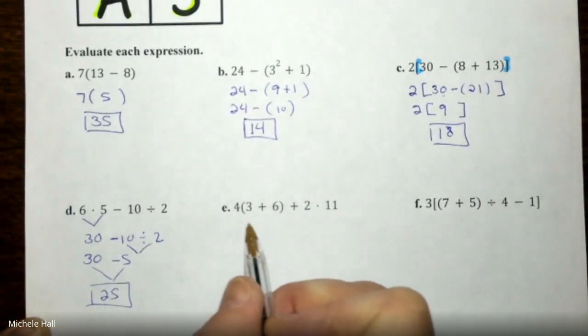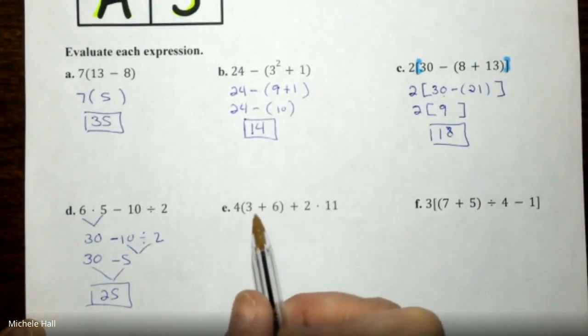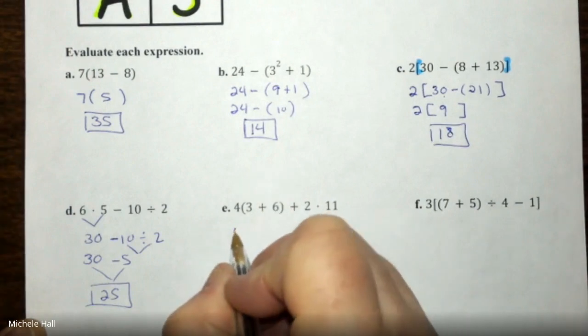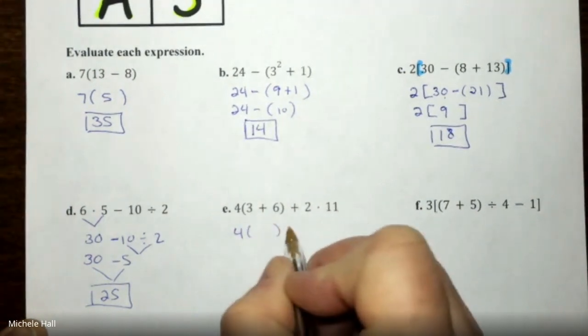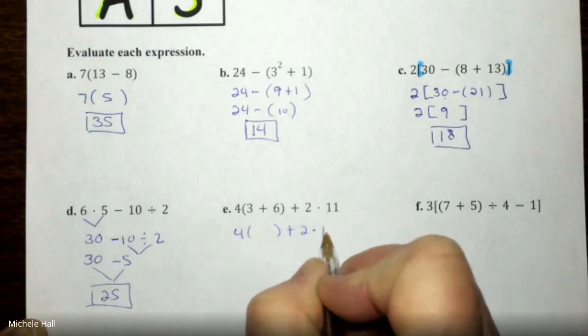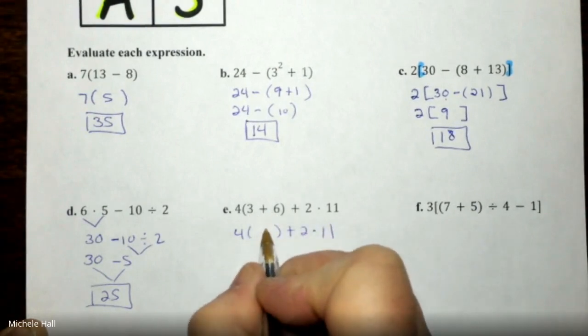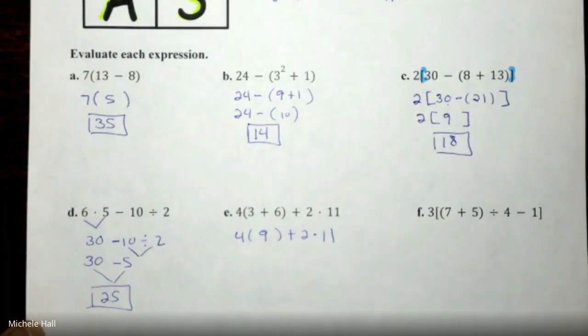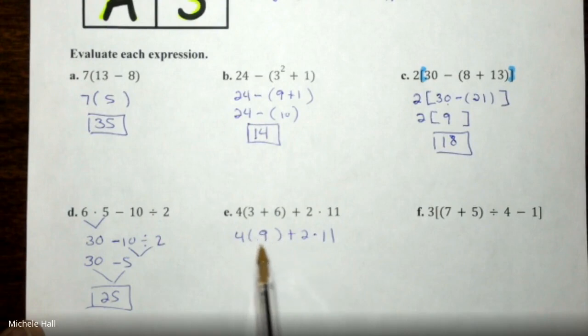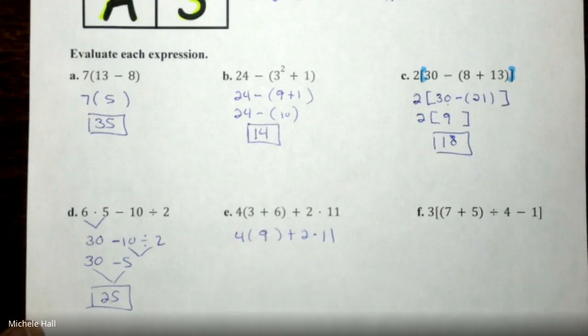Problem E. Are there any parentheses? Yes, I'm starting here. 4 times the parenthesis plus 2 times 11. 3 plus 6 is 9. Are there any other parentheses that I need to do? No, I have a single number in here. I'm ready to move on. After parentheses comes exponents. Are there any exponents? No. Is there any multiplying or dividing?